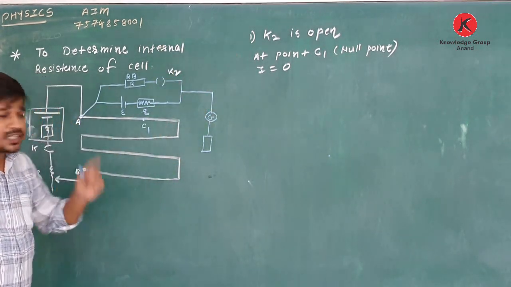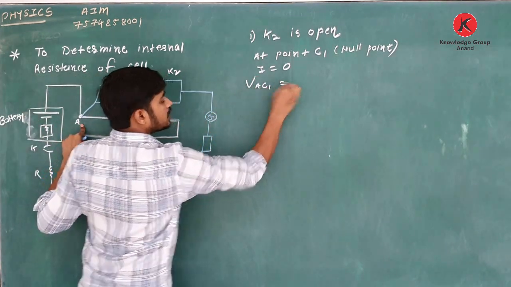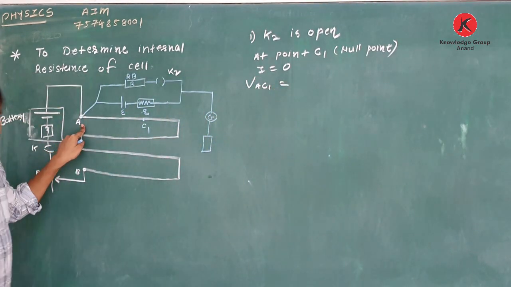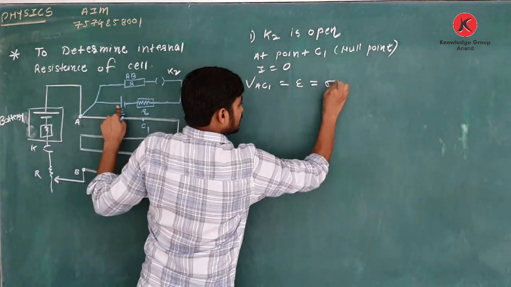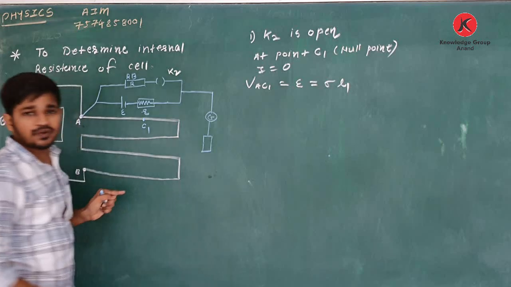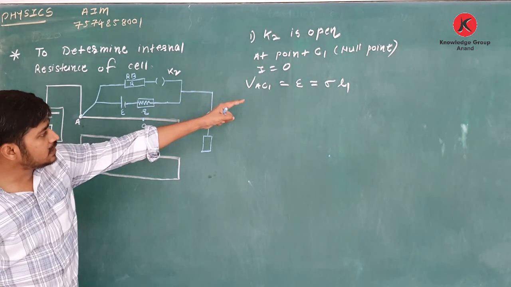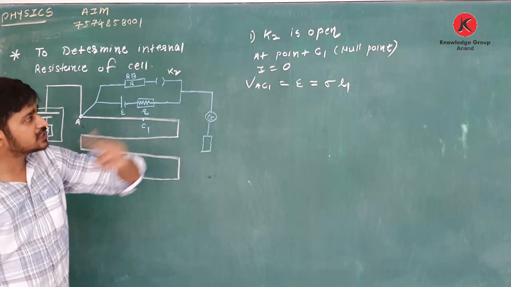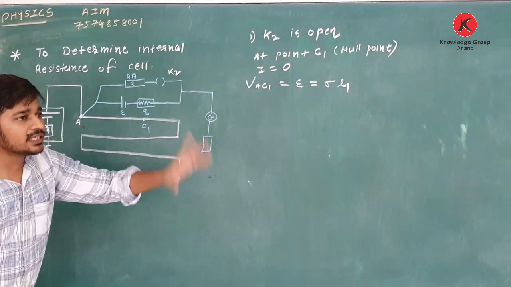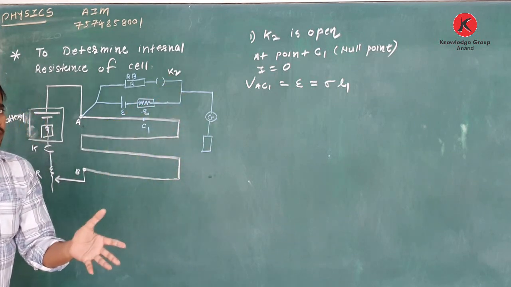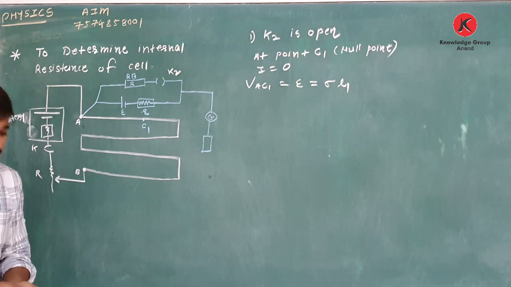In this condition, the potential difference between points A and C1, VAC1, is equal to the EMF of this cell, and is equal to sigma L1, as we have discussed in the principle. Clear about this? So VAC1 is equal to E is equal to sigma L1. How to remember? L1 is the null point length when K2 is open.